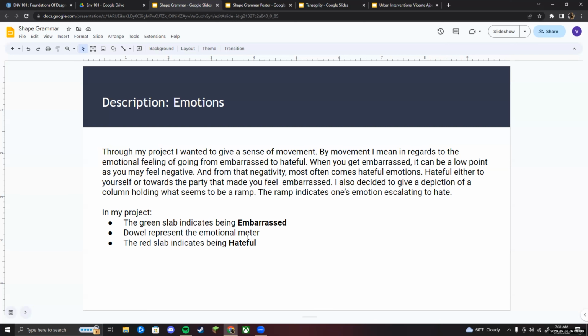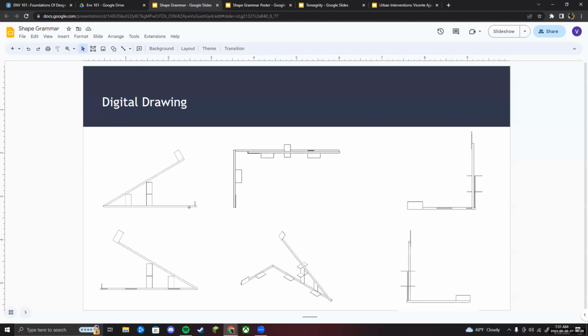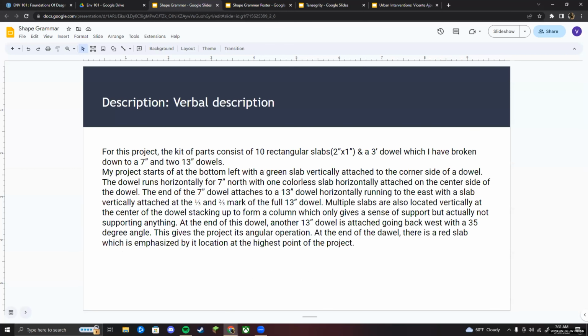So that's why I decided to use these two feelings together. In my project, if you look at it, it goes from the bottom, which starts right here, and basically goes to the top. When it gets to the top, it basically means that you get angry, because that's how emotions work, I think.